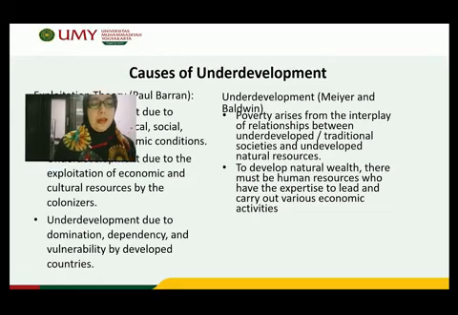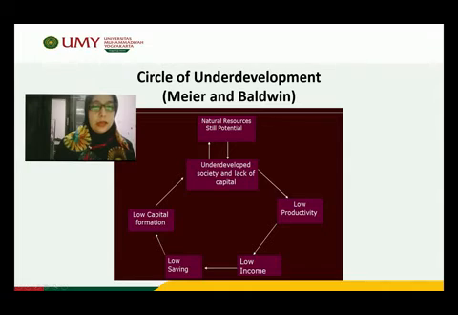Meier and Baldwin also say that to develop the natural world, there must be human resources who have the expertise to lead and carry out various economic activities. So that is the theory about the causes of underdevelopment. And this is the circle of underdevelopment by Meier and Baldwin.